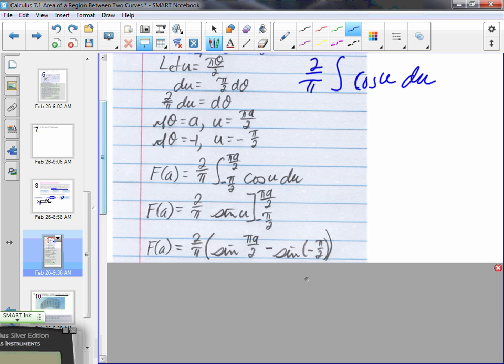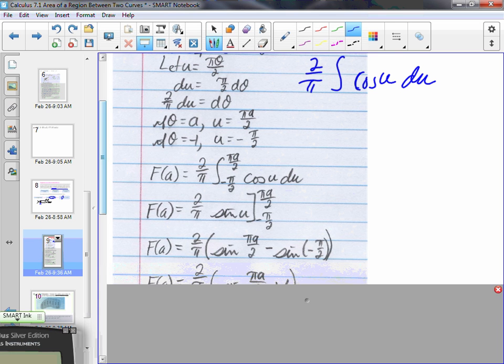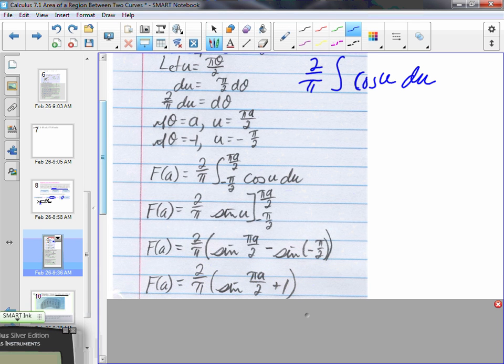Well, the sine of negative pi over 2, I know what that is. What is it? It's negative 1. So if I've got minus negative 1, that's plus 1. So capital F of a equals 2 over pi times the sine of pi a over 2 plus 1.